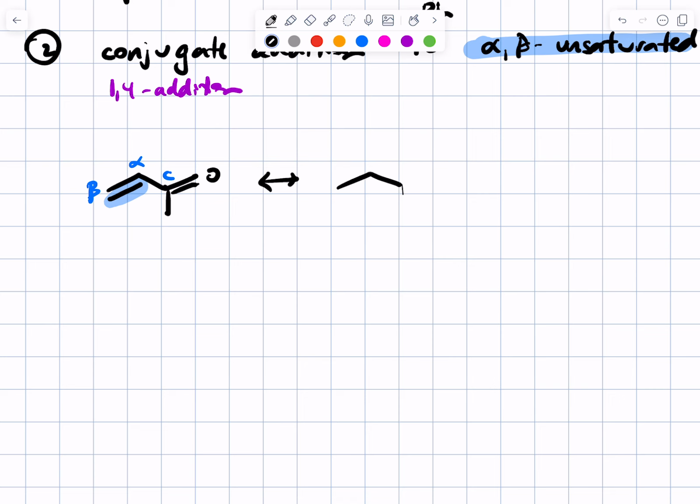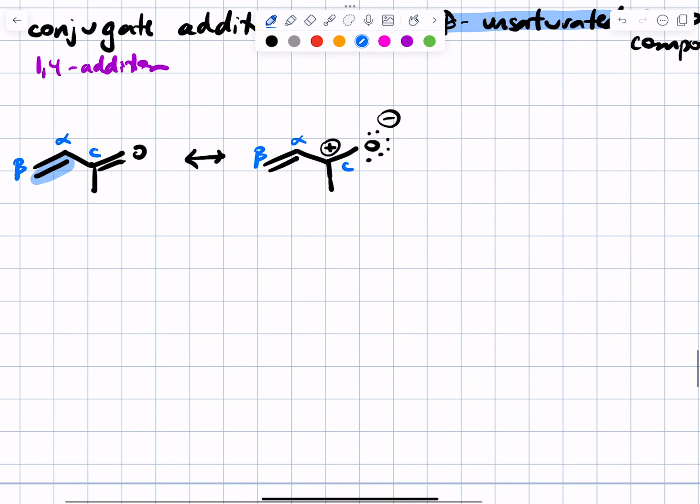If we use resonance, we can show by drawing resonance structures the familiar resonance structure for a carbonyl compound, in which, as we demonstrated at the beginning of class this semester, the carbonyl carbon is electron poor.